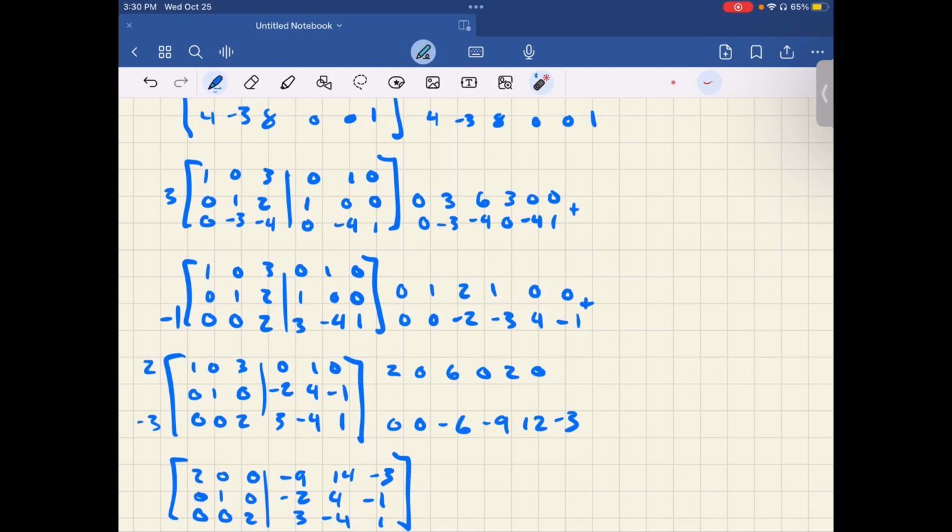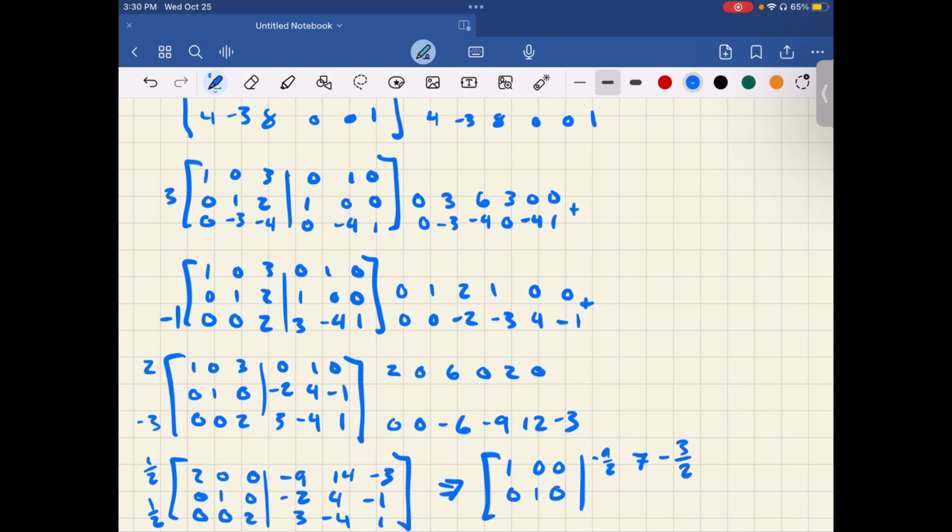The only thing I don't have is a 1 here and here. And I can take care of that very easily by multiplying the top and bottom rows by 1/2. So what that ends up giving me is my new matrix: 1, 0, 0, and then I have -9 over 2, 7, -3 over 2. My middle row is 0, 1, 0, and that is -2, 4, -1. And then my bottom row is 0, 0, 1, 3 over 2, -2, and 1/2.